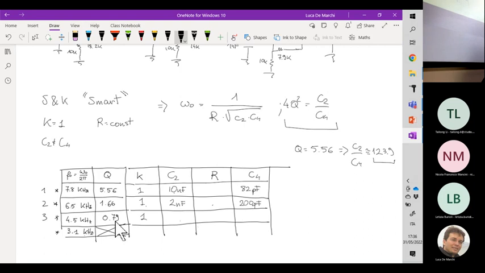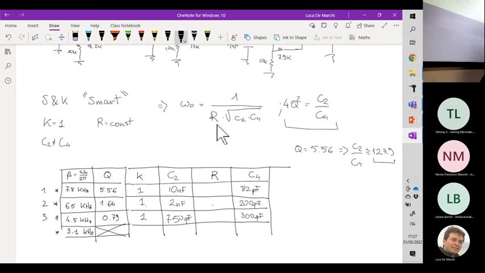Then for Q equal to 0.79, a possible way to implement the desired value is by setting C2 equal to 750 pico and C4 equal to 300 pico.